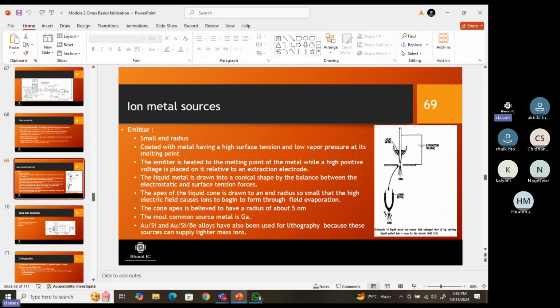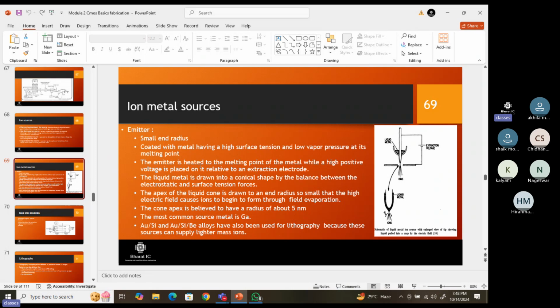Then the emitter is heated to the melting point of the metal, while a high positive voltage is placed on it relative to the extraction electrode.